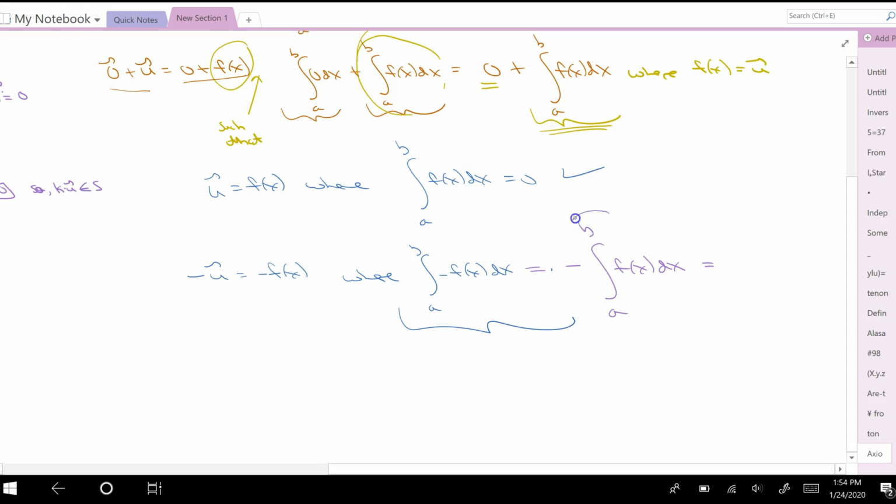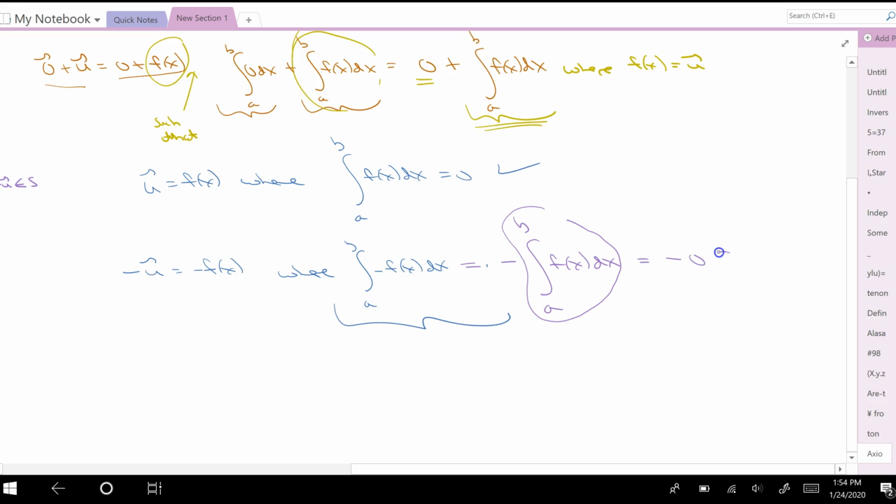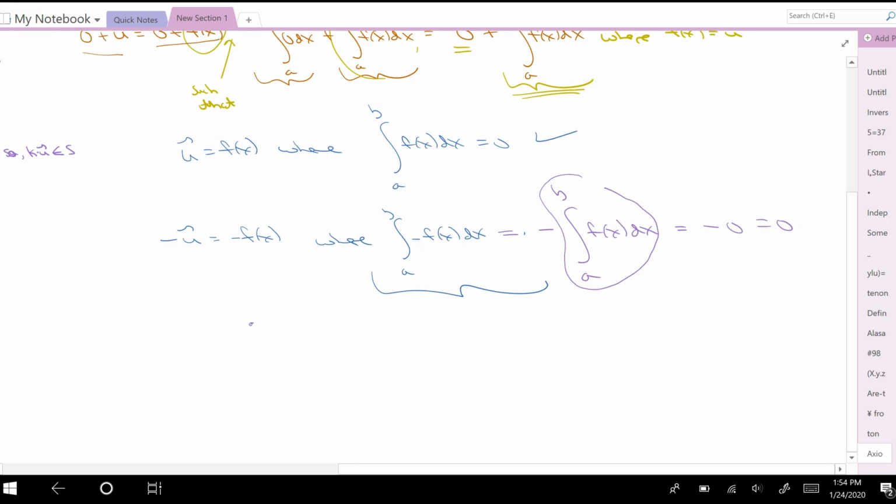And we know that this portion of the integrand equals 0, negative 0, or just 0. So therefore, we have shown that there is an element in this space where u plus negative u equals 0. S is then a subspace of C. Okay? All right, very good.